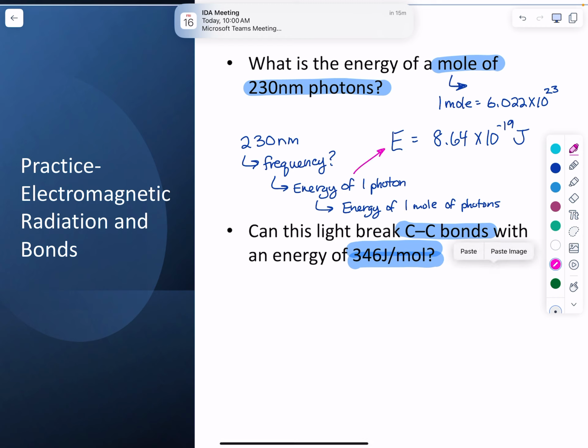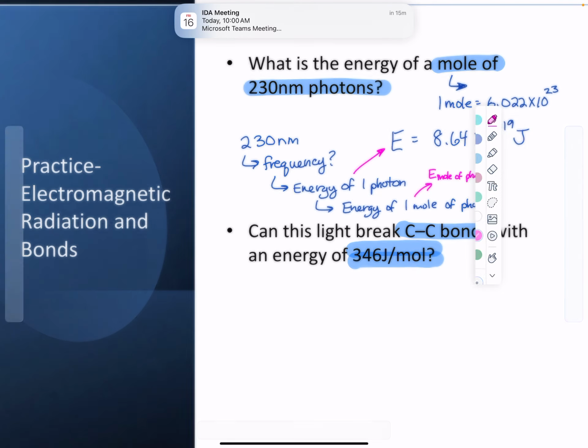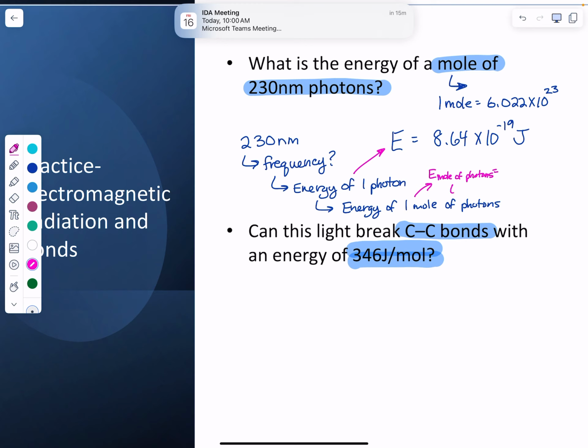We're just going to say if we had a whole bunch of those, if we have Avogadro's number of them, the energy of a mole of photons of that wavelength of light is going to be Avogadro's number times the energy that we figured out for one. So 6.022 times 10 to the 23rd. That comes out to be a honkin' big number.